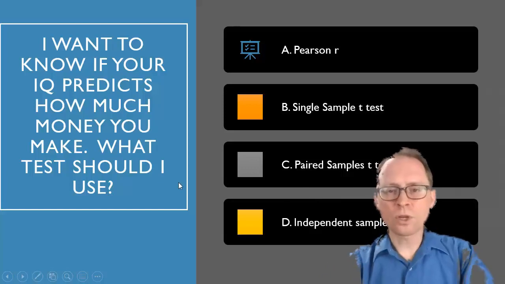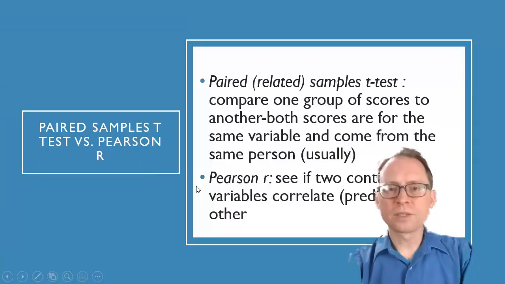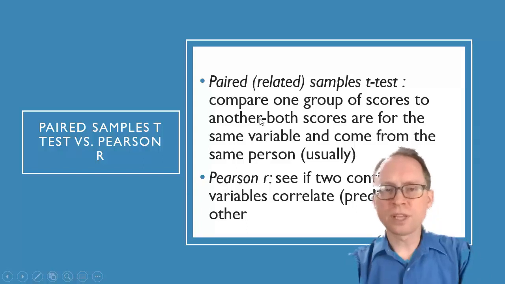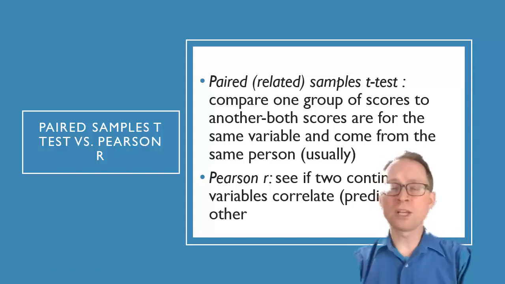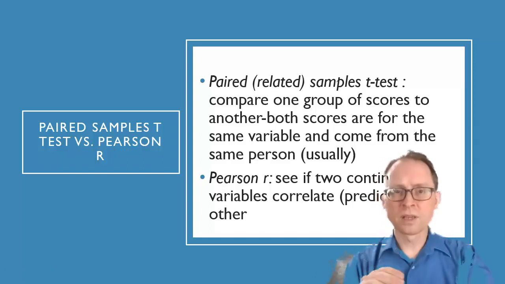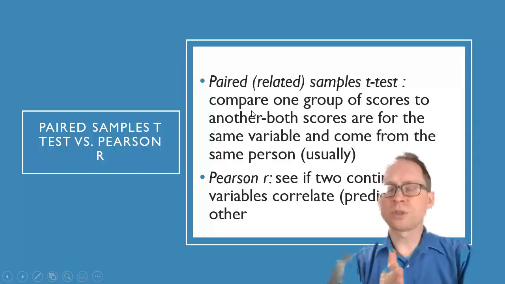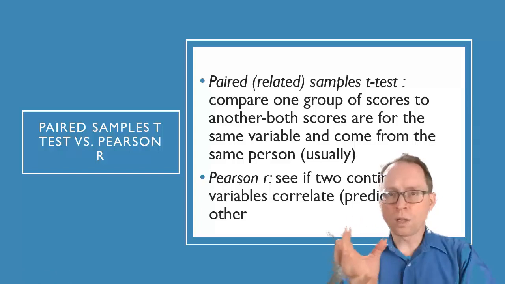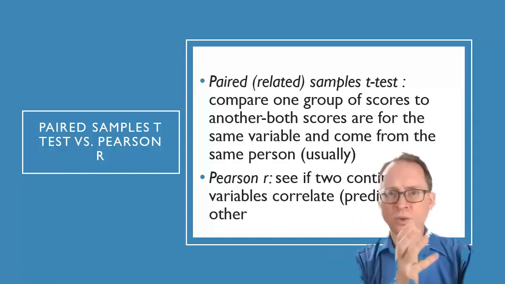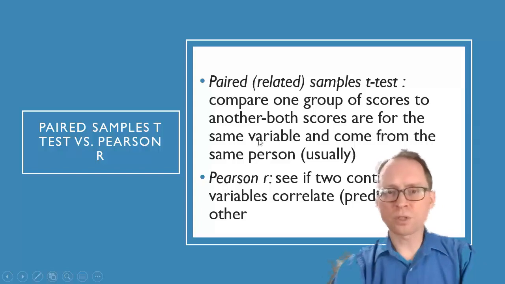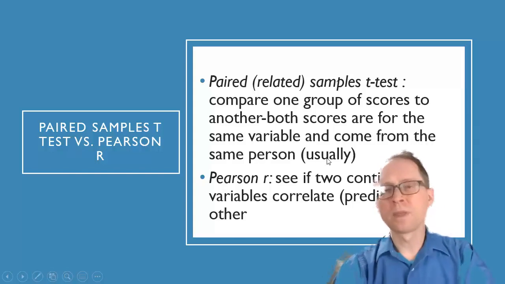So now I'll give you the difference between a paired samples t-test and Pearson R. In both a paired samples t-test and Pearson R, you are measuring the same person twice, but in a paired samples t-test, you compare one group of scores to another. That is, one score on the same variable compared to another score on the same variable. So both scores are from the same variable, and both come from the same person.